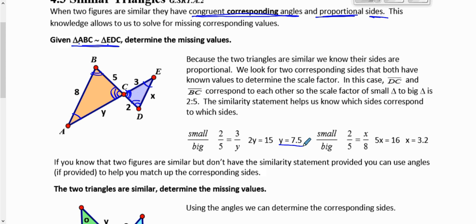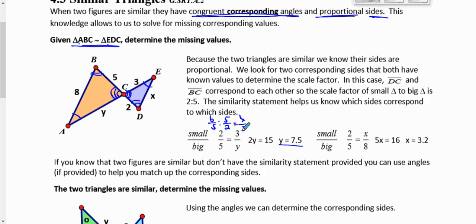And they're doing small over big again. Let me ask you this. If I want to do big over small, this would just be what? 5 over 2 equals Y over 3. You cross multiply, won't it work the same? Let's just do that real quick. Big over small would be 5 over 2 equaling Y over 3.